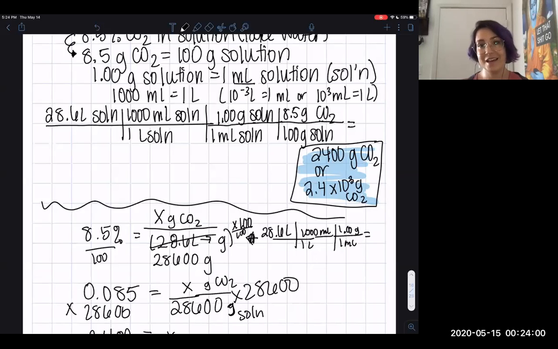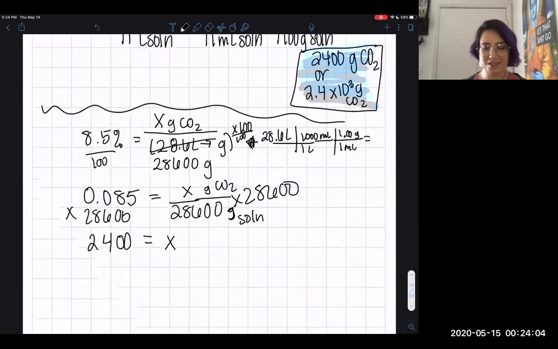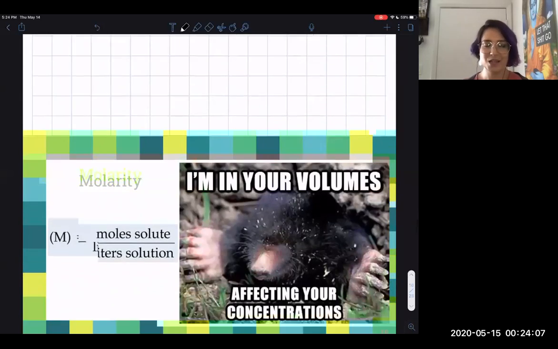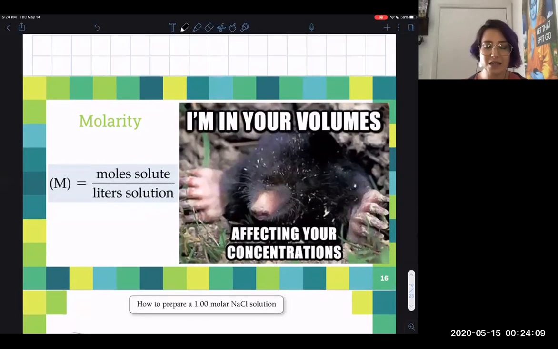We're not done, because we can also tell concentration with moles. So molarity is another form of concentration.